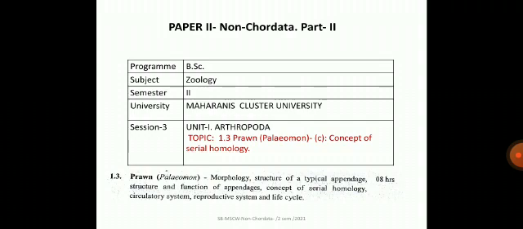Fine. So in my previous session, I gave you a detailed account on the structure of typical appendage, that is biramous appendage, and the structure and functions of various appendages in prawn. And this topic is somewhat related to it.